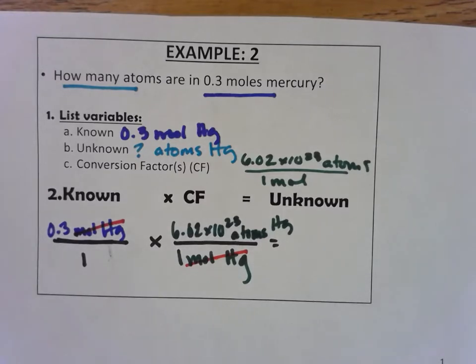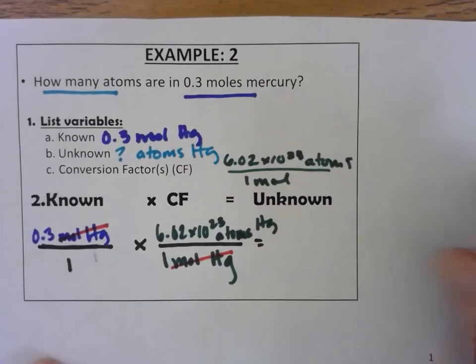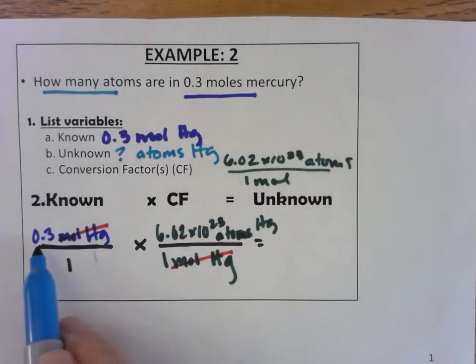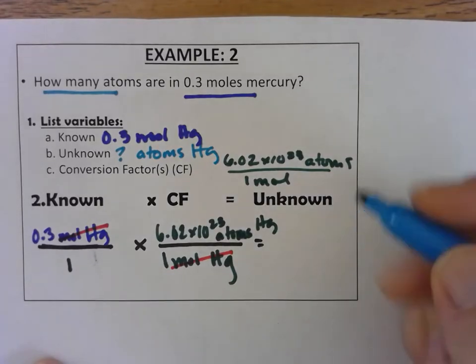Alright, 0.3 times 6.02, second function, 23, and then divided by 1. I'll use the unknown color. I have 0.3. The leading zeros are not significant, so I can only have one significant figure.